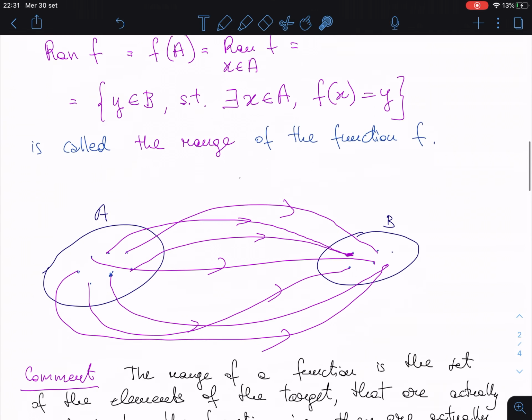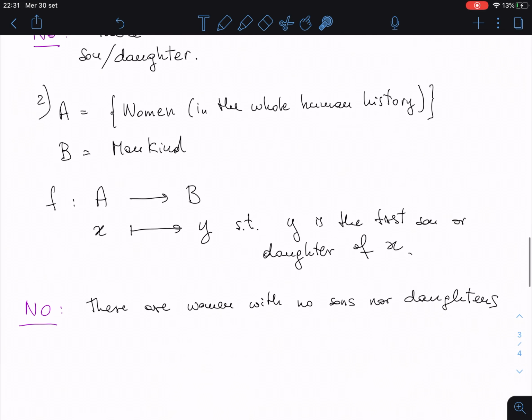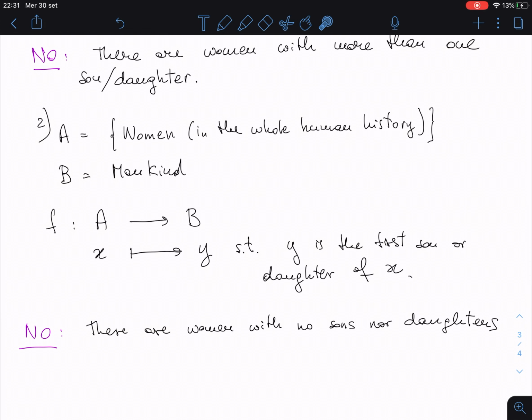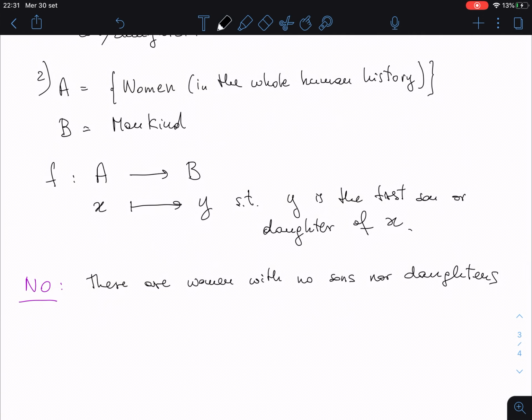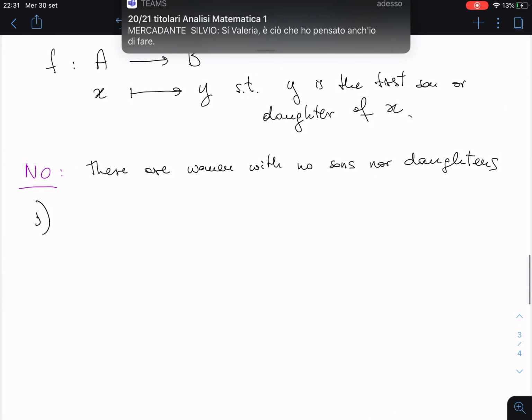Otherwise, it has no meaning. So let us modify again this example and try to see whether we have a function.